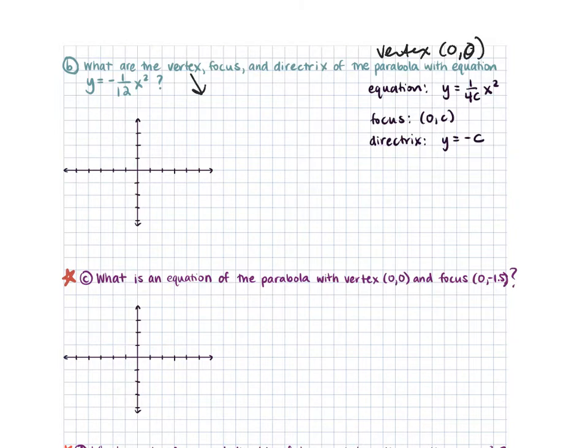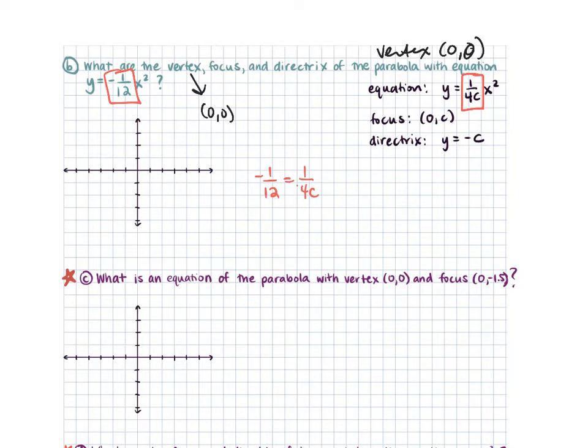We just need to figure out our c. Since our a is 1 over 4c, and the a here is negative 1/12, we just have to set them equal to each other. Negative 1/12 equals 1 over 4c, and that's how we find our c.